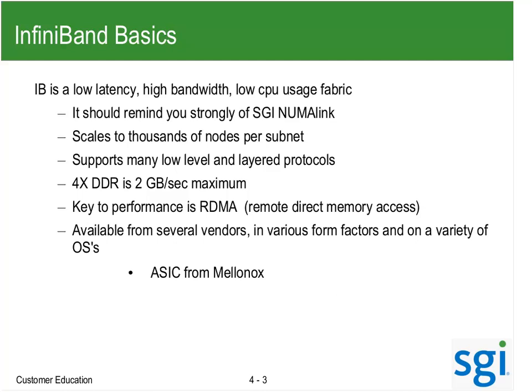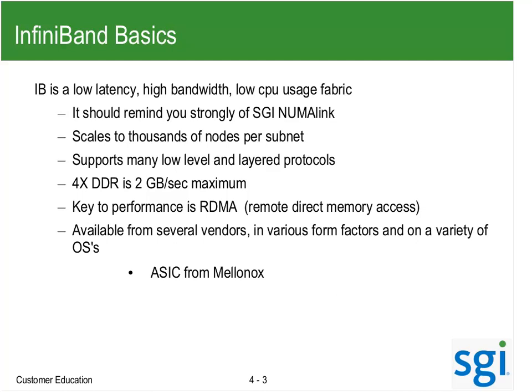When we go to DMA access and bypass the kernel stack, which is what InfiniBand and NumaLink types of things do, we can drop our latency down to 10 microseconds for InfiniBand and between 1 or 2 microseconds for NumaLink.